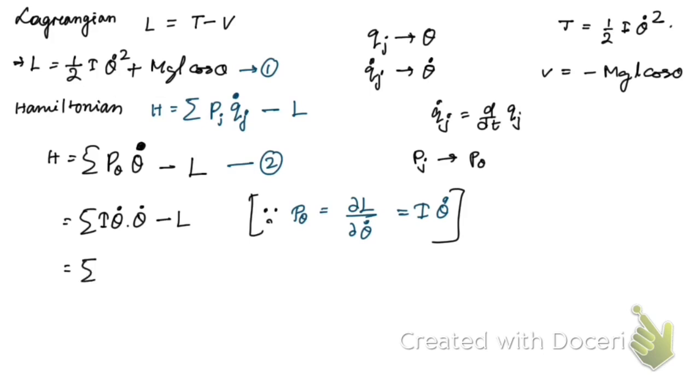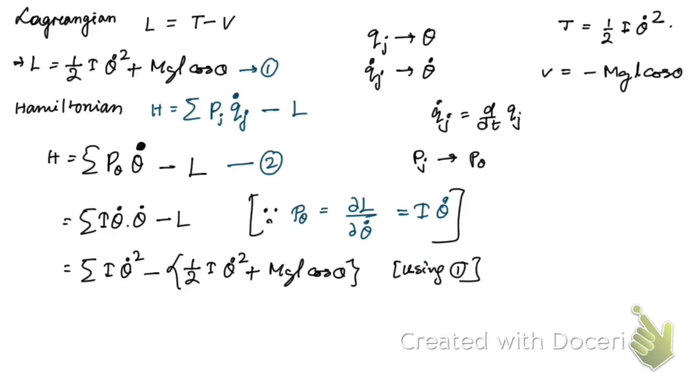So I theta dot square minus, if we put the value of L from equation number 1, this is what we're going to have. Using 1. Actually, I should not write the summation here, because this represents the momentum of the whole system, which is represented by p theta.